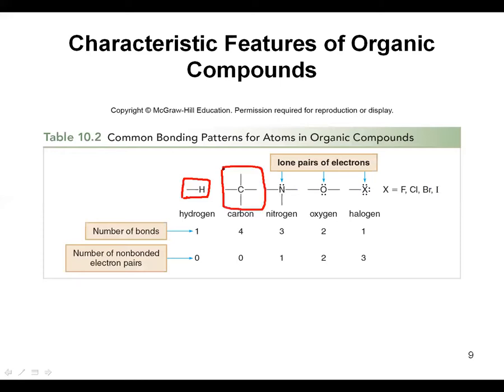And that's a way you could recognize what else is attached, by how many bonds hydrogen has and how many bonds carbon has. Nitrogen will a lot of times make 3 bonds and have a lone pair. Oxygen, very common in organic chemistry, will make 2 bonds and have 2 pairs of lone pairs. And halogens like chlorine, fluorine, and iodine will typically be at the outside, filled with their valence electrons as dots.